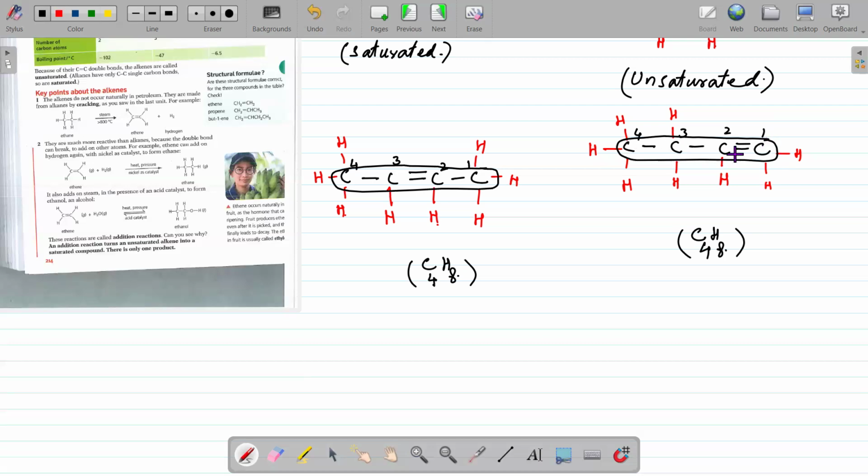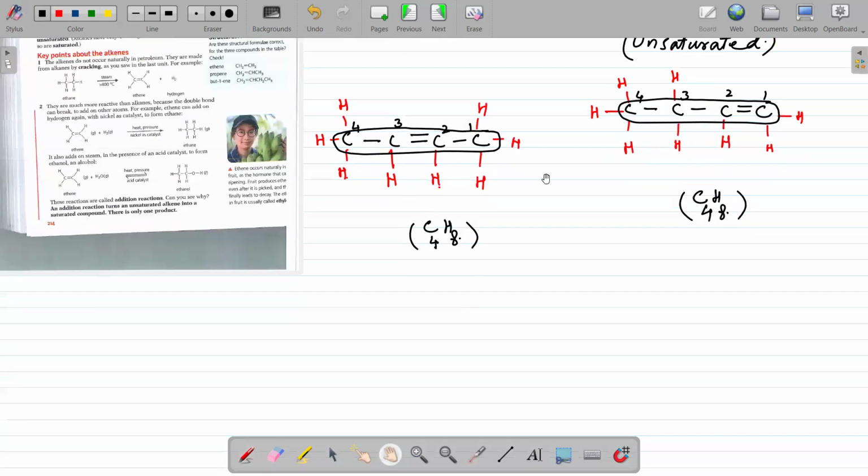So here I started the numbering from the right side, because the double bond is nearer on this side. But in this case, you can start numbering from either side, because if you start from the right side, the double bond is at the second position, and if you start from this end, 1, 2, 3, and 4, it is again at the second position. So we can number on either side.